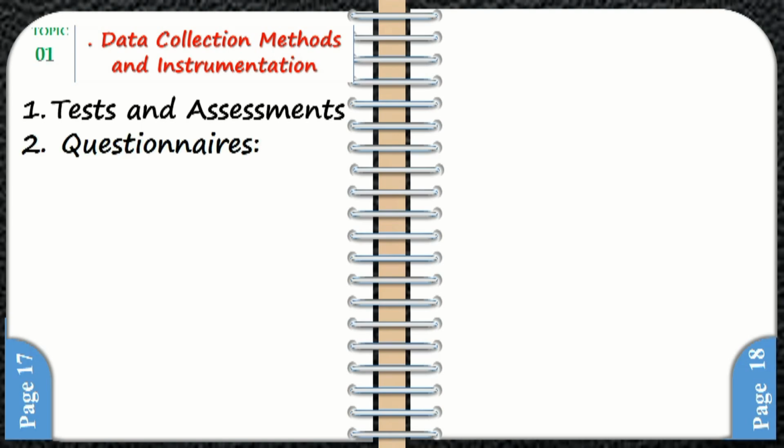We have several methods or instruments that are used in collecting data in education research. The first instrument is tests and assessment. These are standardized achievement tests, teacher-created exams, or psychological inventories. The key is to establish and report reliability and validity.